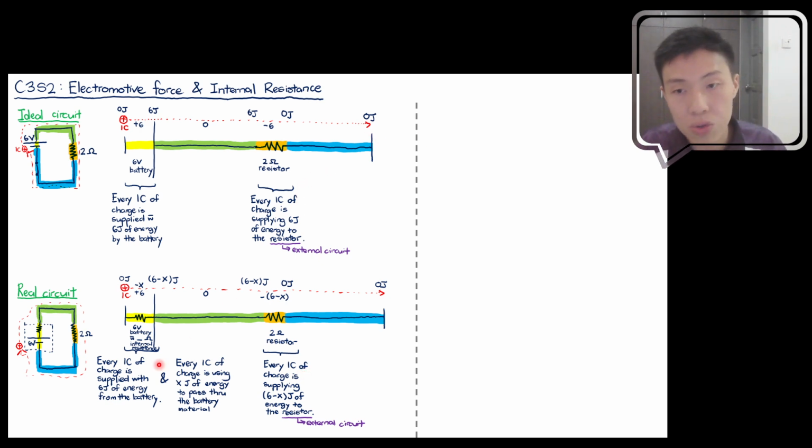Okay, so we know that this is the energy supplied for every 1 coulomb of charge passing through the battery.